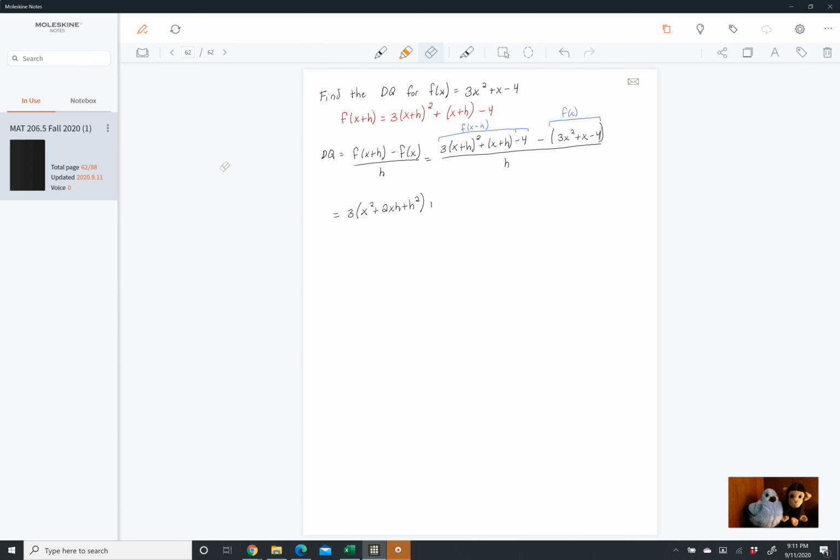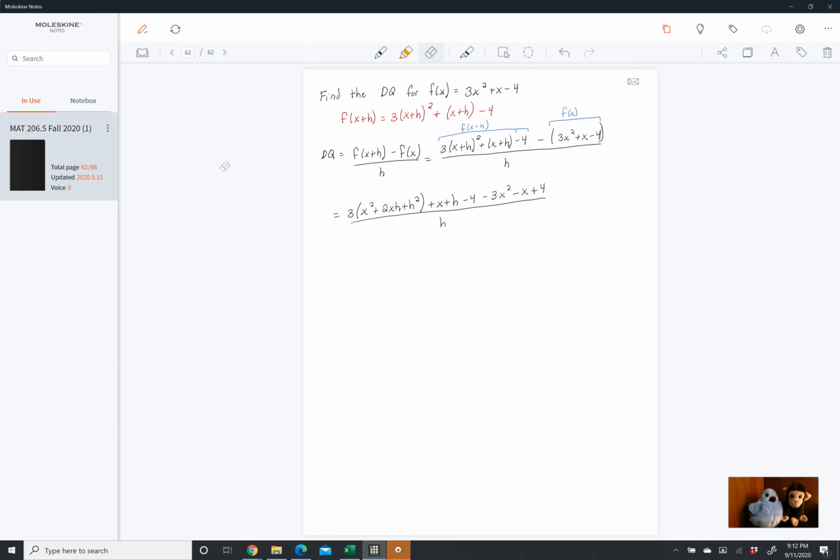Then we have plus x plus h. So we could take out the parentheses there because there's nothing to distribute. Minus 4. And then we distribute the negative. Minus 3x squared minus x plus 4. And this whole thing over h.